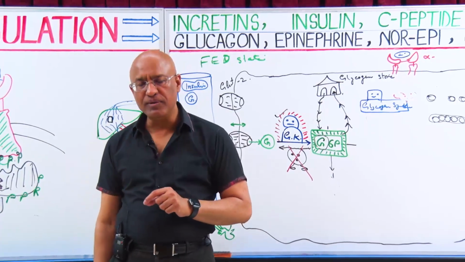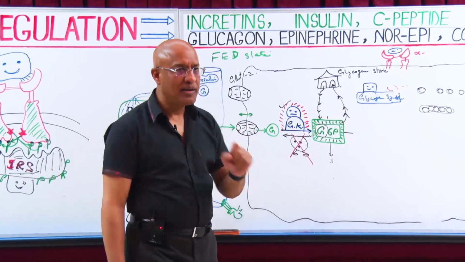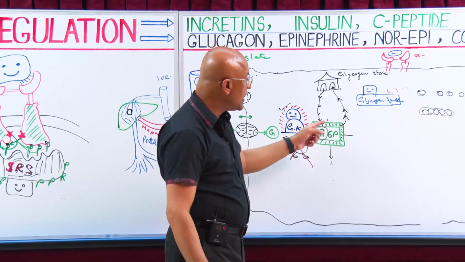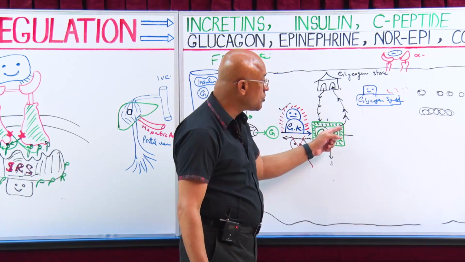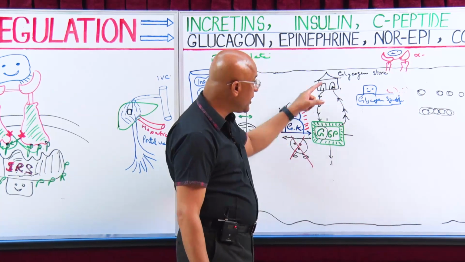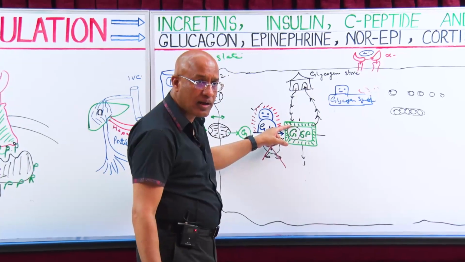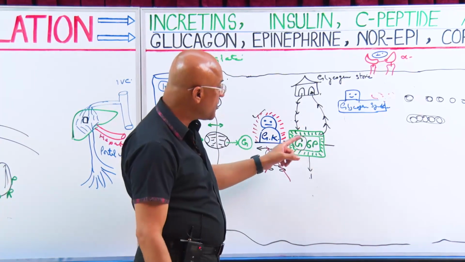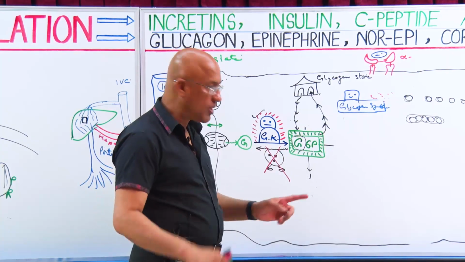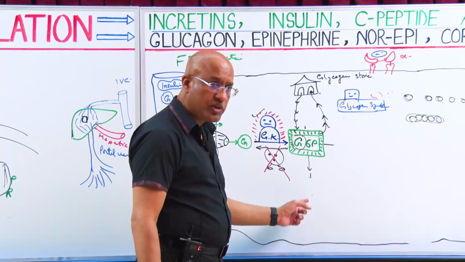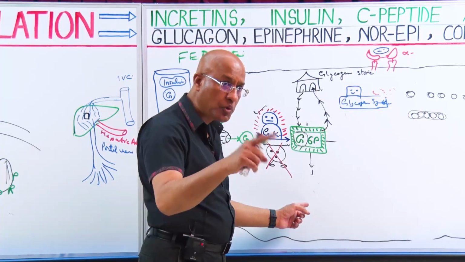So what really happens? Insulin, in the hepatocytes and also in the muscle, stimulates glycogenesis and inhibits glycogenolysis. Again, in fed state, number one, insulin will stimulate the glycolysis for energy pathway and some other purposes which we will discuss later.